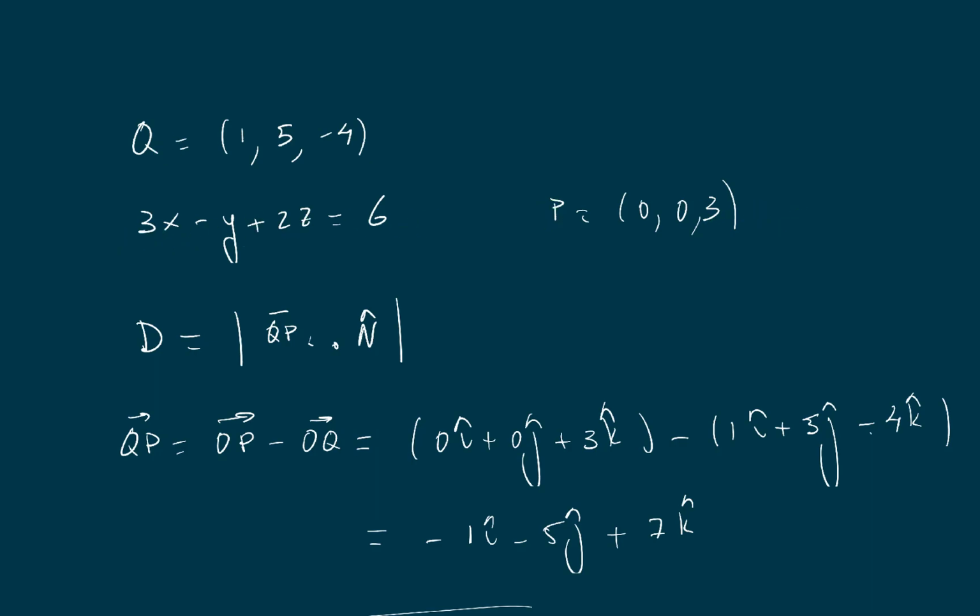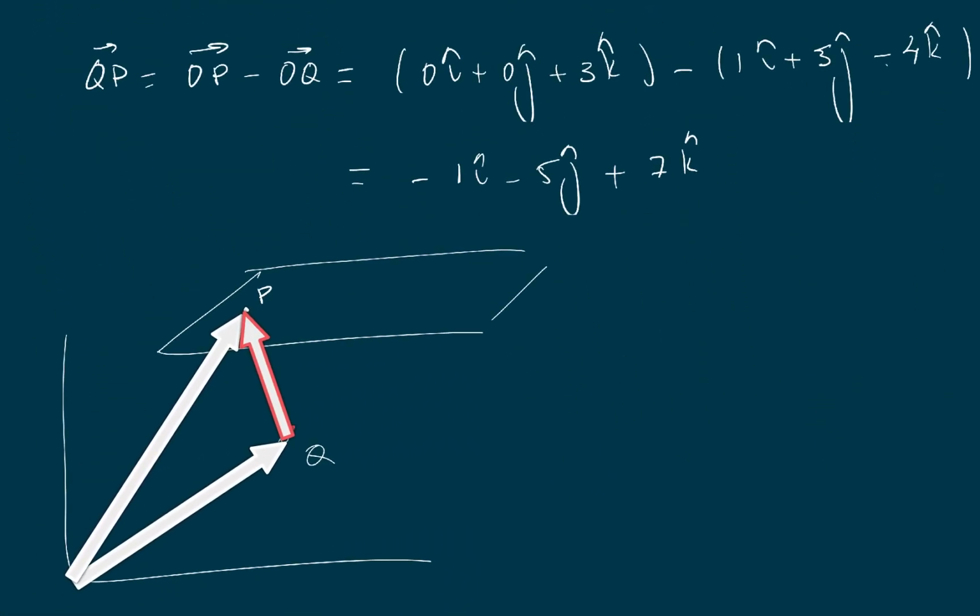So we have the point Q outside the plane. We have the point P, an arbitrary point P, and we have to find the distance from the point Q to the plane, the perpendicular distance.